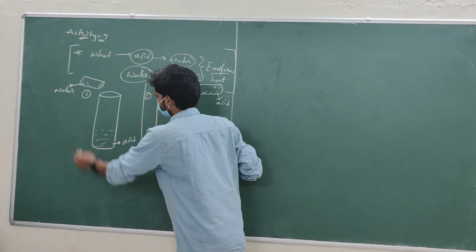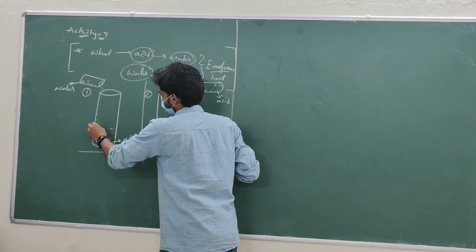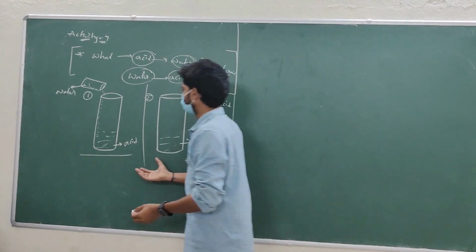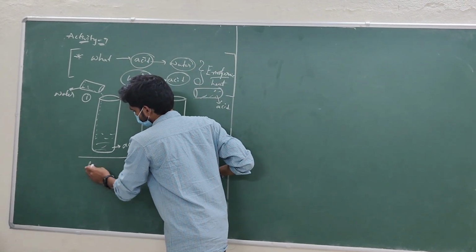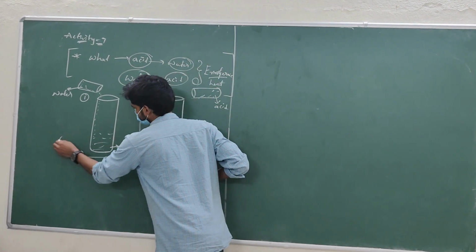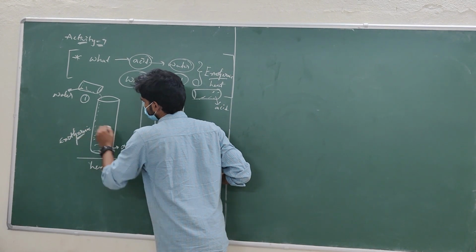Now in the first case, when some water droplets hit the surface of the acid, a large amount of heat energy might be released. It is an exothermic reaction. Exothermic means heat energy is released.